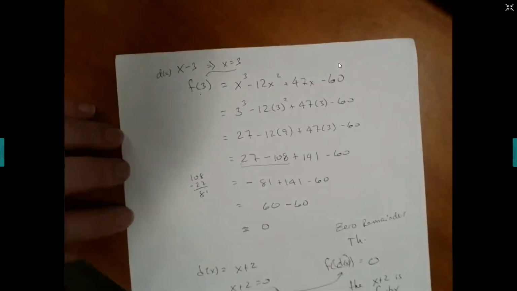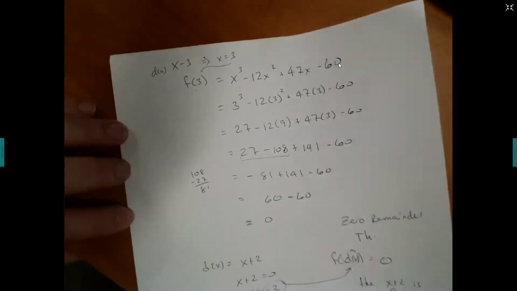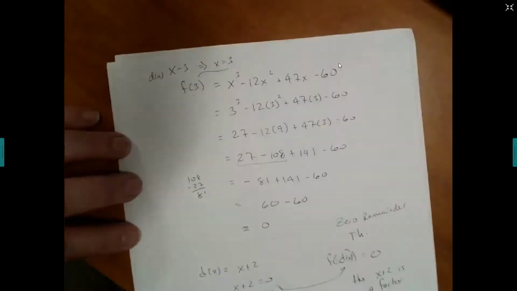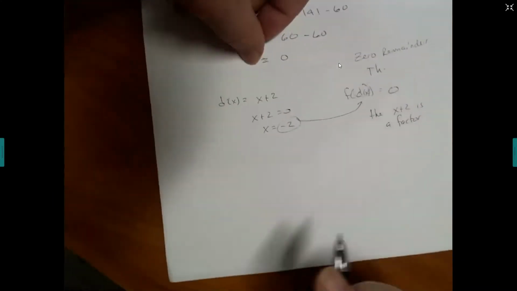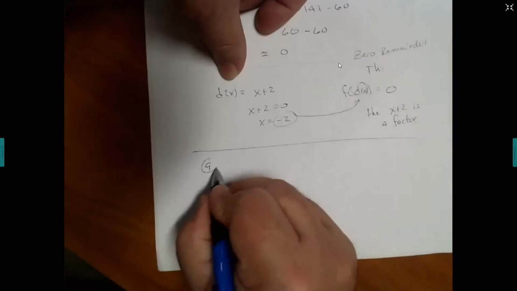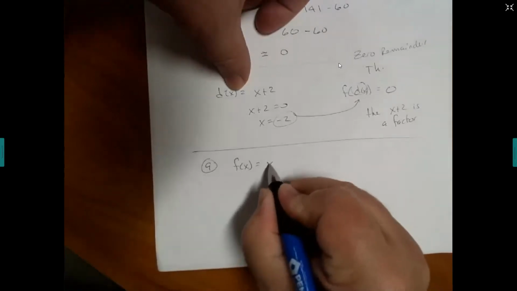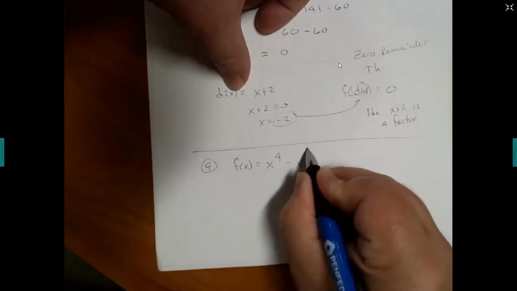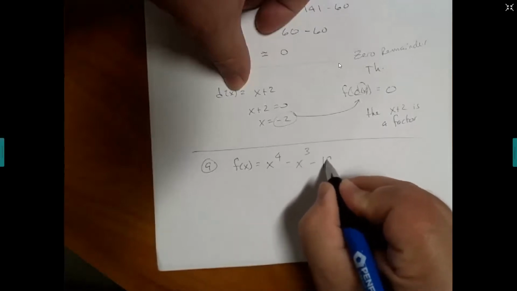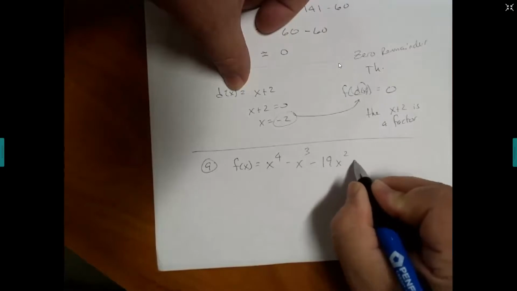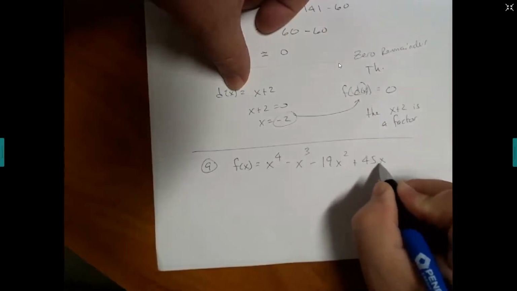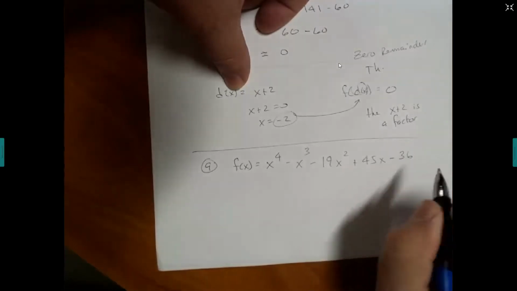You want to do another one, or is everybody okay? Let's do one more. Okay, I don't need much room. Let's do number 9. F of x equals x to the 4th minus x cubed minus 19x squared plus 45x minus 36.